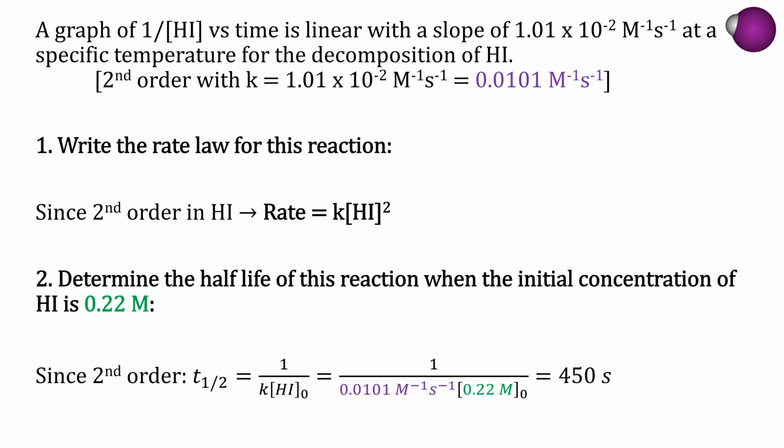Therefore, when I plug in the values for rate constant K and initial HI concentration, I find that my half-life is 450 seconds. Since my concentration was given in two significant digits, my half-life is also written as 450 seconds, which is also two significant digits.